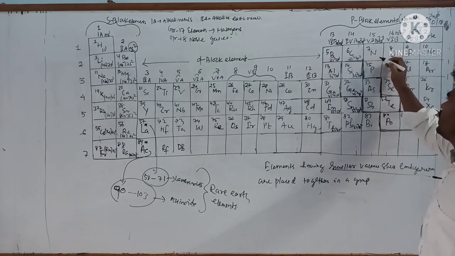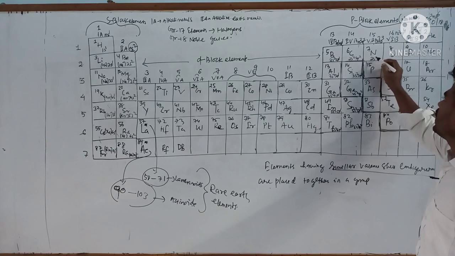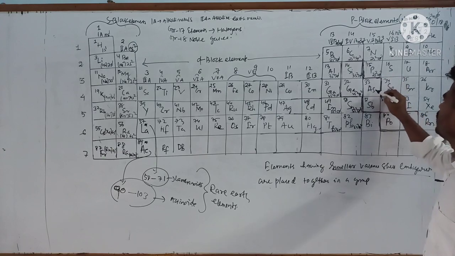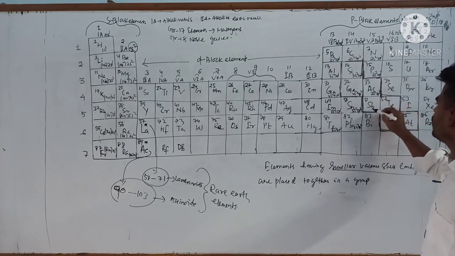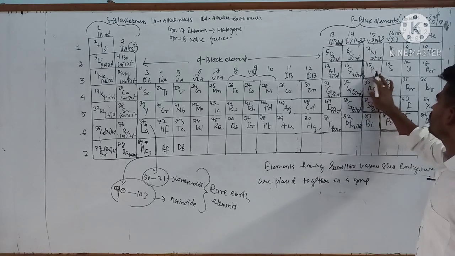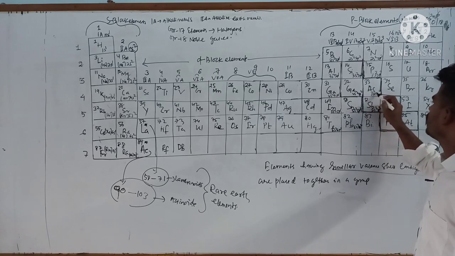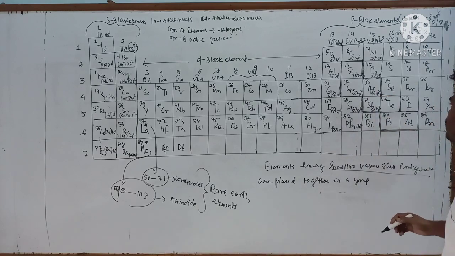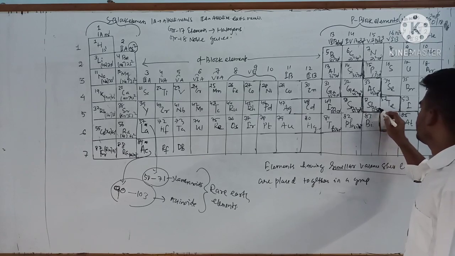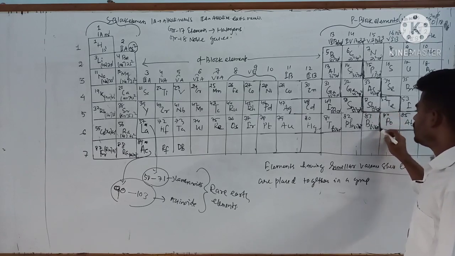So ns2 np3, that will be 2s2 2p3, then 3s2 3p3, third period, 4s2 4p3, next 5s2 5p3, 6s2 6p3.